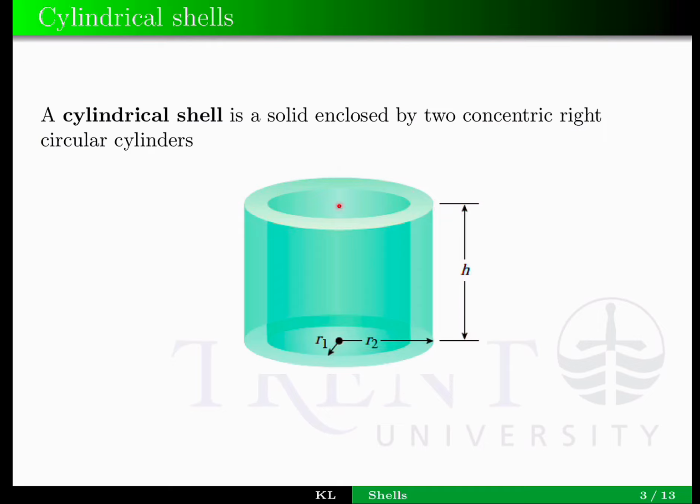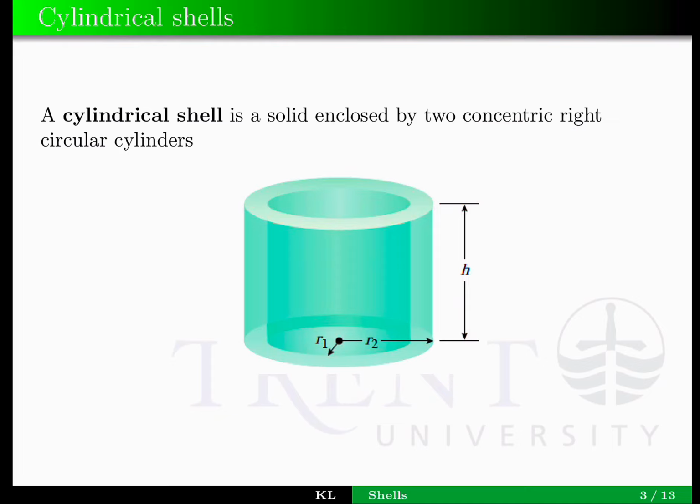The outer radius is from the center of your cylinders going to the outer surface of your shell, and the inner radius is from the center of your cylinder to the inner surface of your shell. So you can see r1 is less than r2.